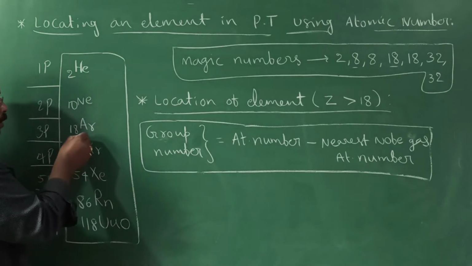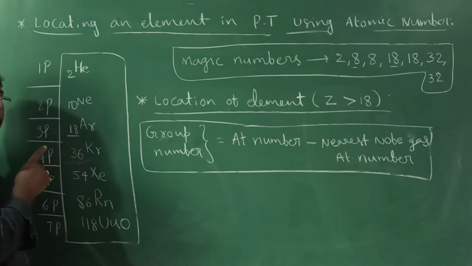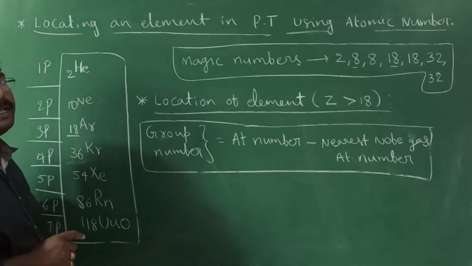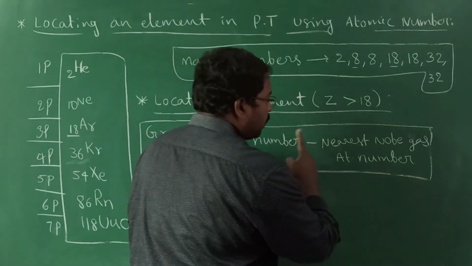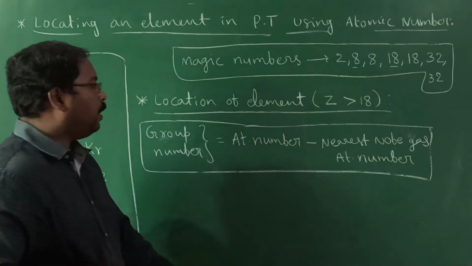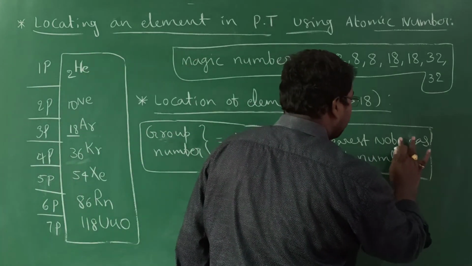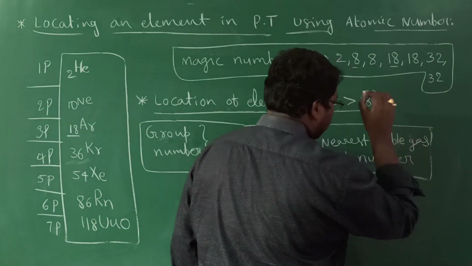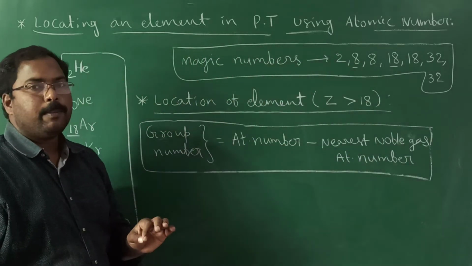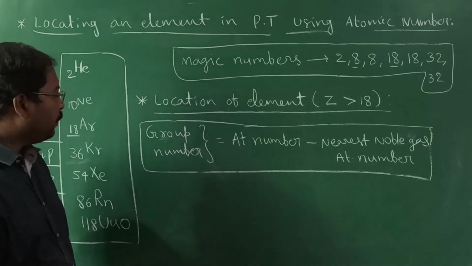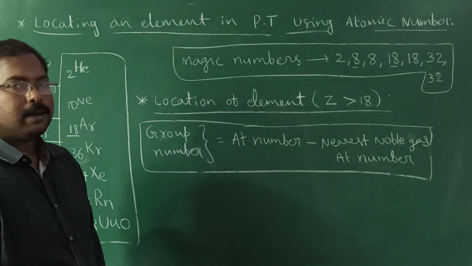Whatever noble gas atomic number is there before it, that atomic number we have to take. Okay? So atomic number minus the nearest noble gas atomic number we have to subtract. Now that will be directly the group number. Right?